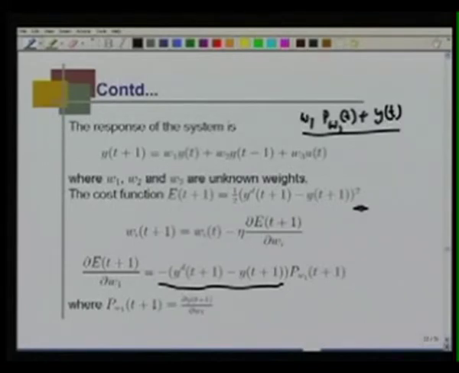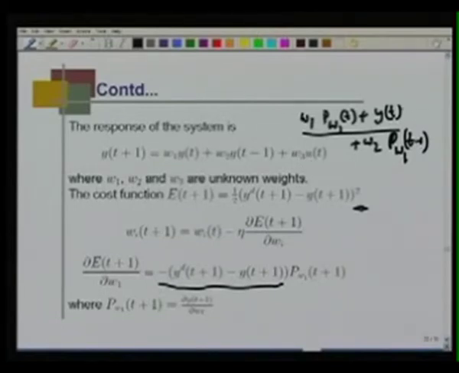So, if I differentiate this with respect to W1, I get first yt and then W1 into ∂yt/∂W1, which is this one, plus W2 is not a function of W1. So, simply W2 into P W1 t minus 1, plus here of course there will be no term because neither of these is a function of W1.